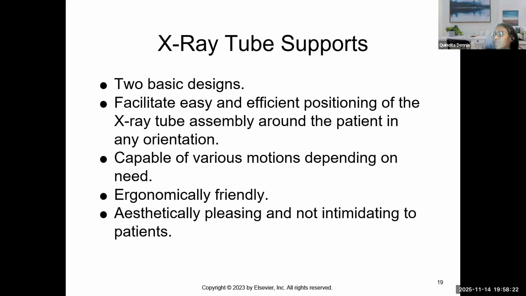The X-ray tube assembly basically allows us to maneuver that tube all around the patient based on how we need it for that patient exam. Ergonomically friendly, meaning they're very easy to move for you as the tech. And I'm not sure why they say aesthetically pleasing, not intimidating for patients, but it's basically what holds our X-ray tube and allows us to move it.